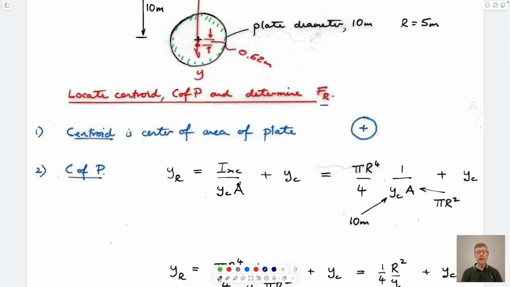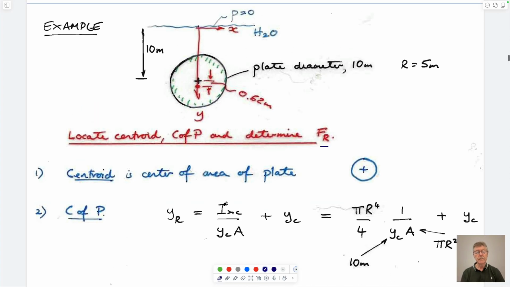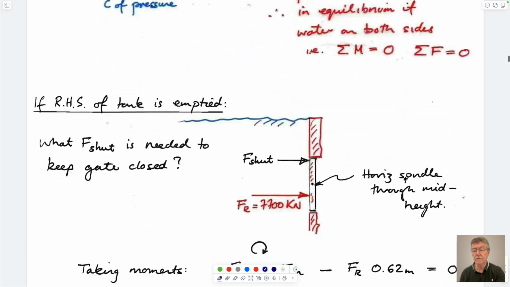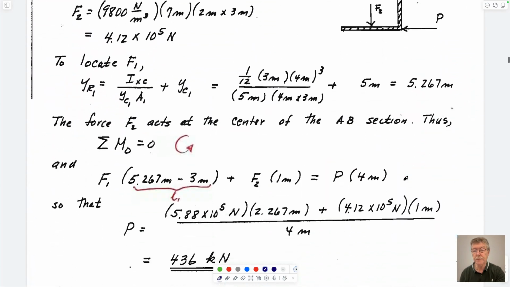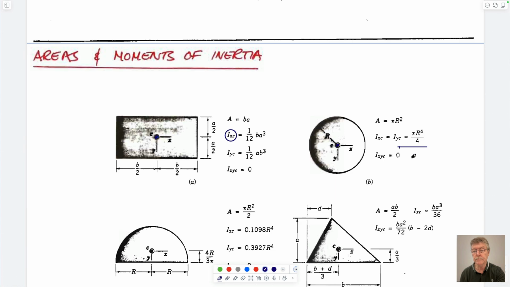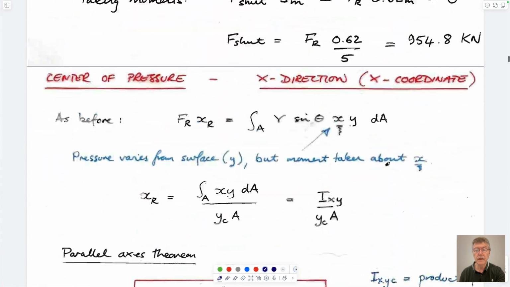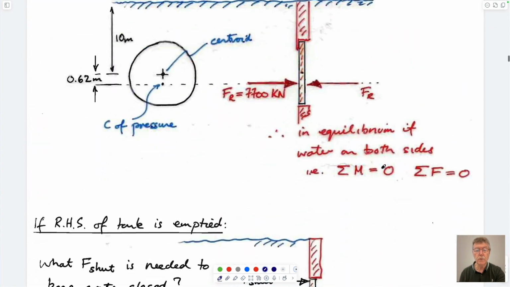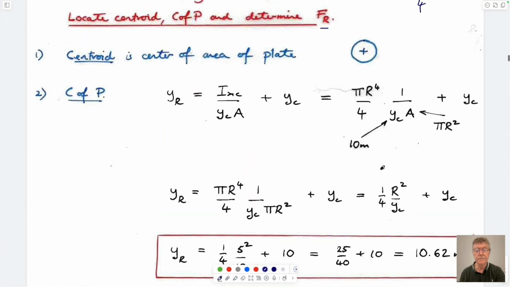We look to evaluate this here. So I_xc is pi r to the 4 over 4. Our standard result. Don't want to give you whiplash, but you saw we had it before. And so we want to calculate what y_R is using this.